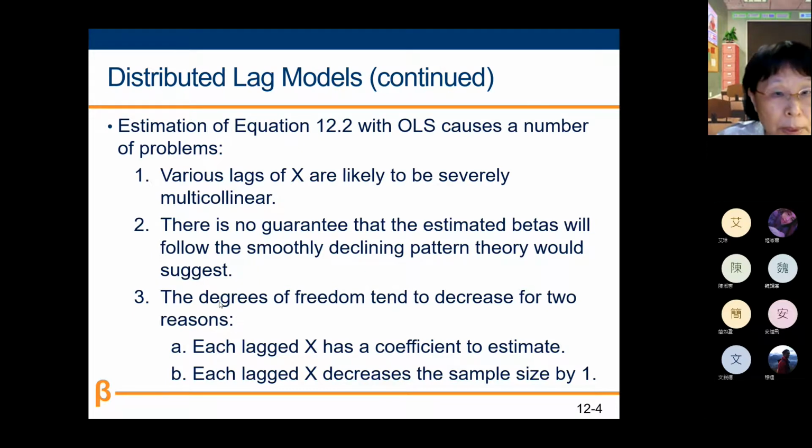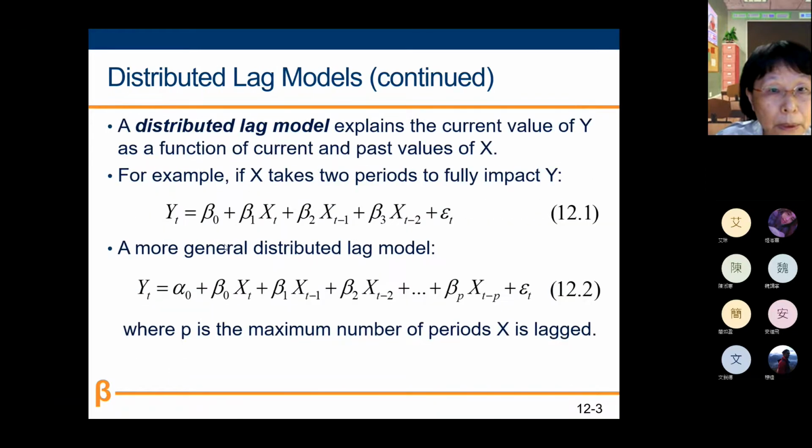In other words, according to the theory, beta 3 should be the smallest, smaller than beta 1. And if we do run the regressions, we may not have the same result as the theory expected. Okay? All right. We'll see that example later on.